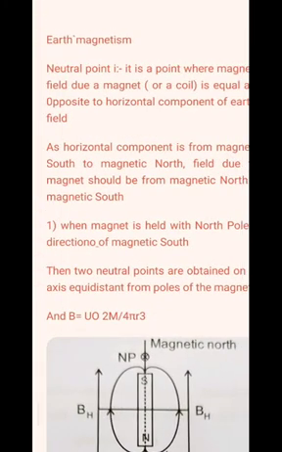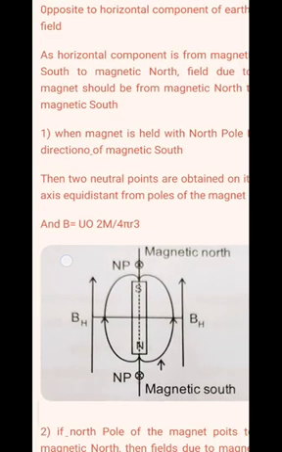Earth's magnetism. When a bar magnet is put on the table and we mark the magnetic field lines, we will note that there are some points where the magnetic field is zero.